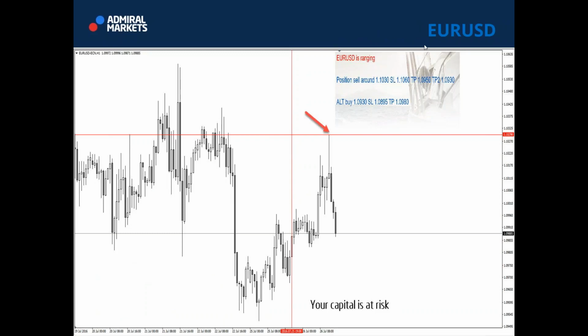Now let's say that euro dollar was a winner, and here we had a sell setup kicking in that we gladly took, but the problem is that this setup didn't last for too long, and I said on Twitter specifically, it's time to hold your profits or protect them, because after the initial rejection, the price went down a little bit and then it spiked up.